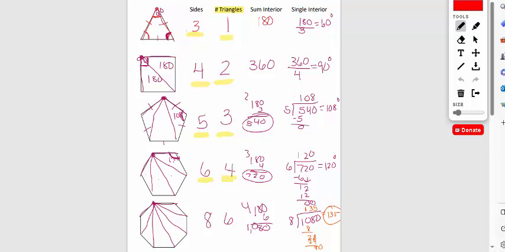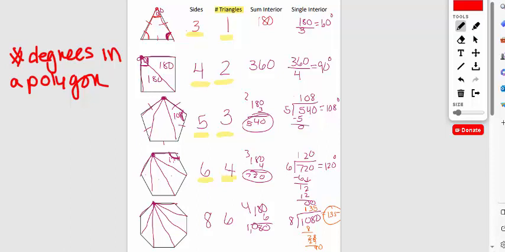All right, so there's a formula here for this. The way we can figure out the number of degrees in a polygon is we take the number of sides, which is n, take away 2. That's going to be how many triangles we have.